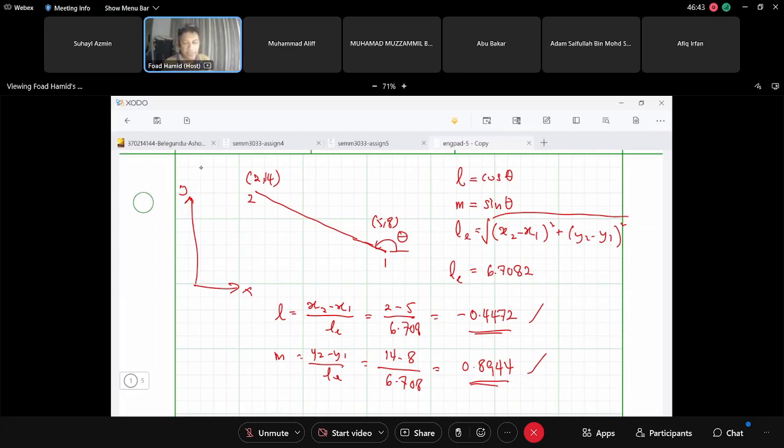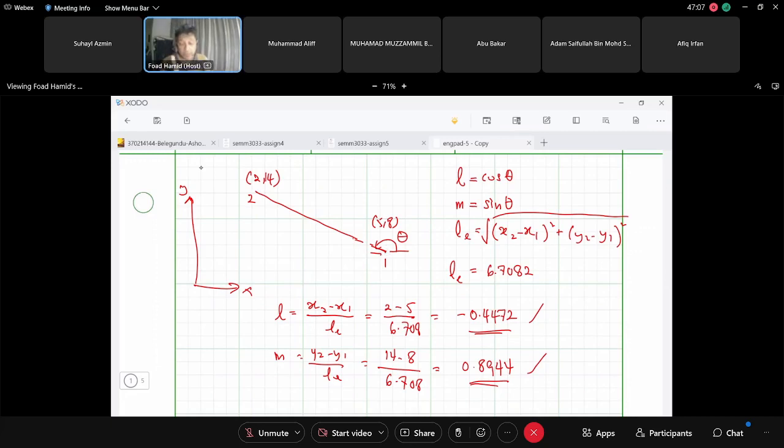So this is one of the ways that we can check. For example, if you took the wrong angle, maybe this is your theta, then you realize this is less than 90 degrees, so you know this is wrong. This is how we check.